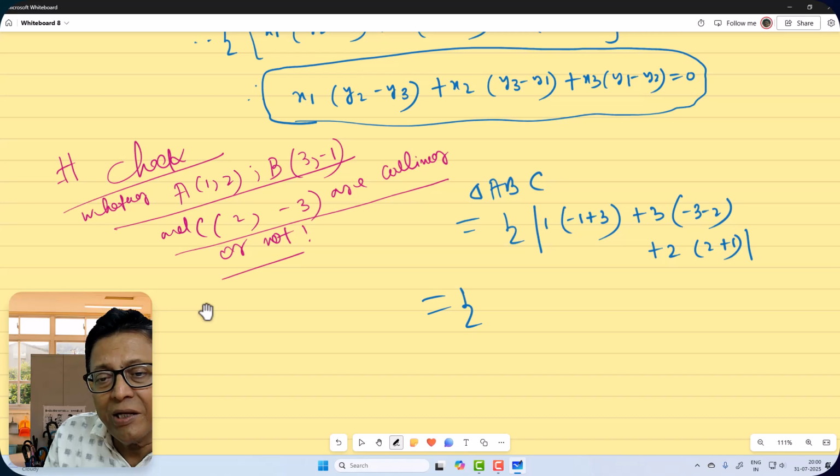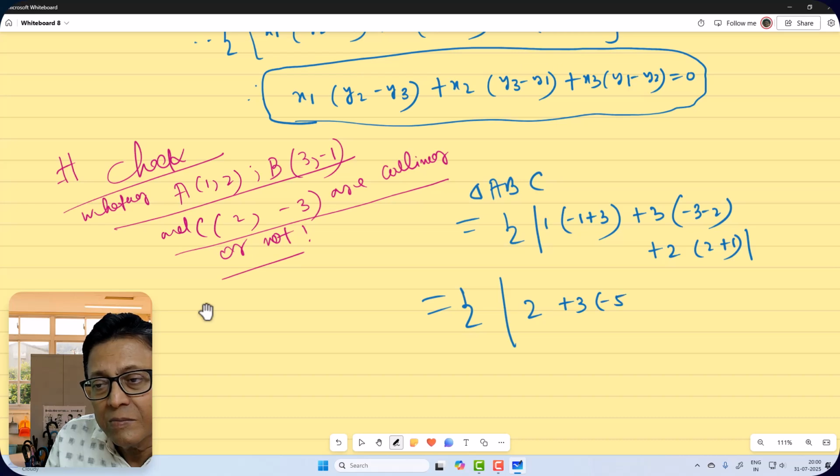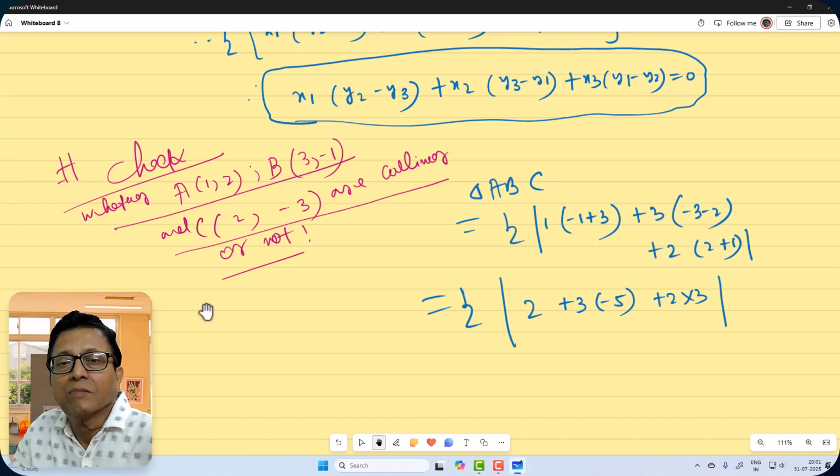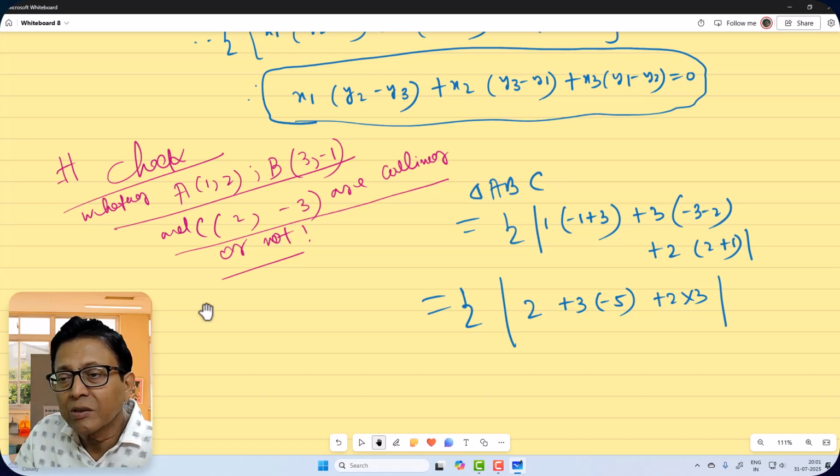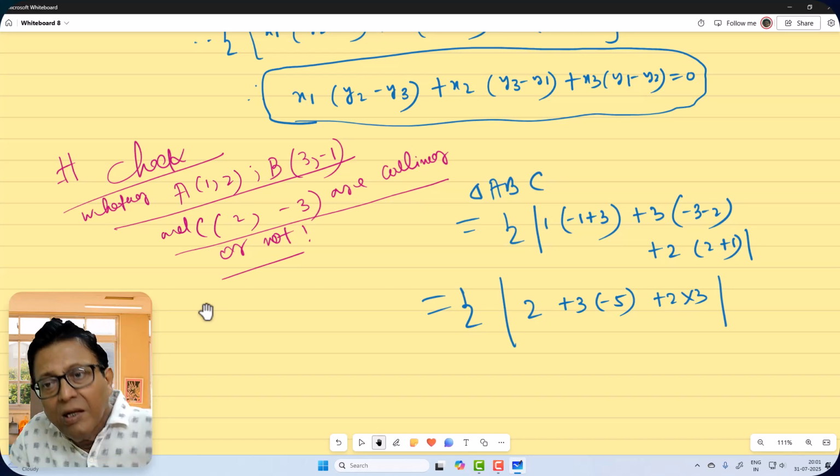This is going to be half 2 plus minus 5 plus 2 into 3. Check once more. 1 into minus 1 plus 3. 3 into minus 3 minus 2. 2 into 2 plus 1. 2 into 3 is 6. 3 into minus 5. And that is 2.